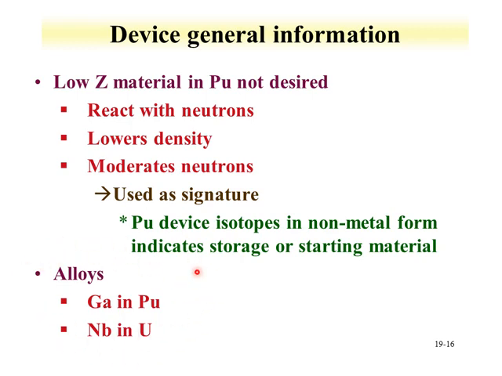In plutonium, gallium is often used as an alloying material, and in uranium, niobium is used. So if one were to find material that was not metallic but had the correct isotopics, one could conclude that it was a storage or preparation stage material that might be used for a device.